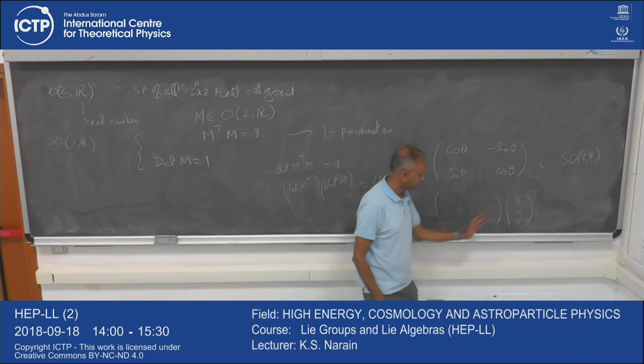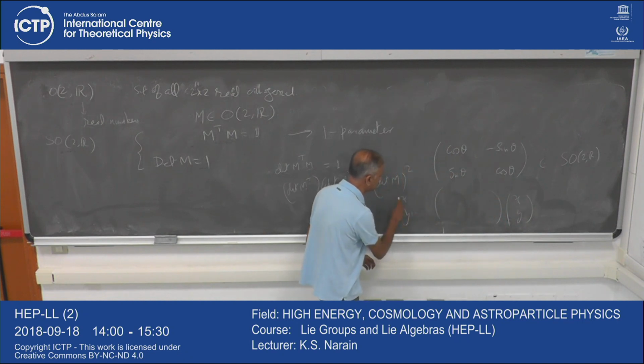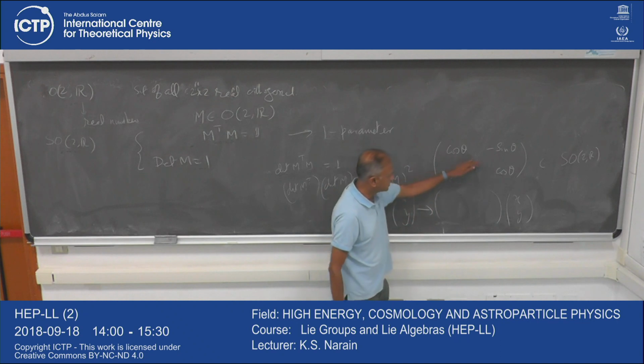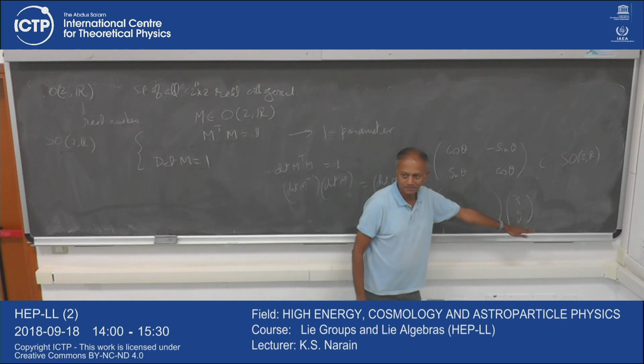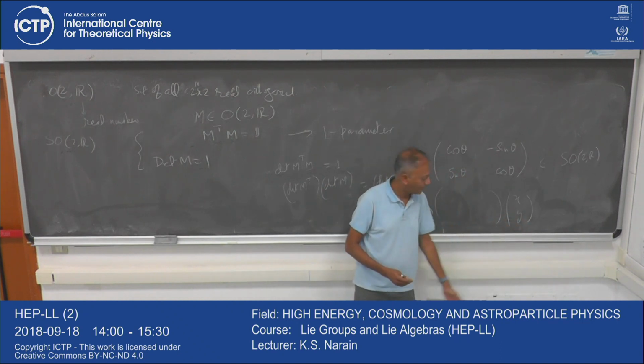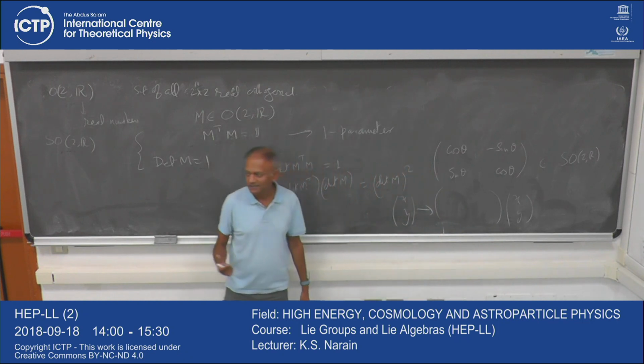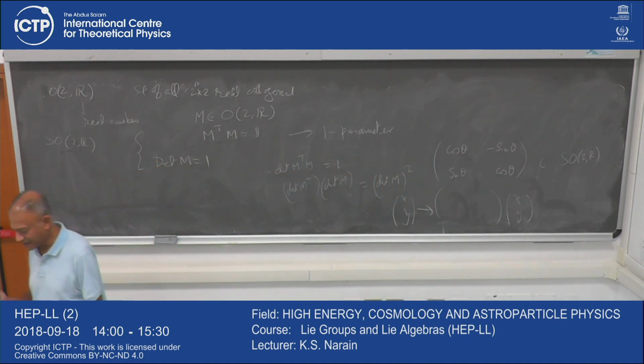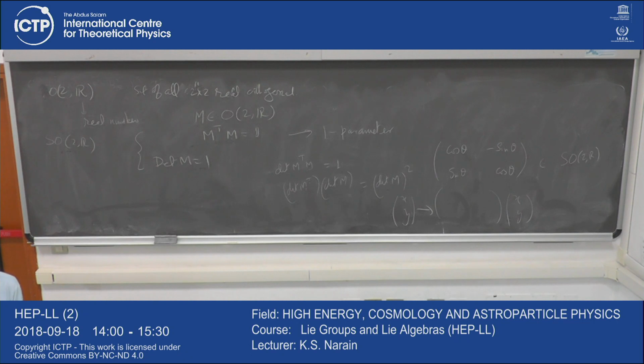So by multiplication, xy goes to this under such a transformation. That's why matrices are very useful, because they can always be thought of as some linear transformation, right? Symmetries in general may not be linear, but when you realize some group elements as a set of matrices, then you can always think of them as linear transformations.